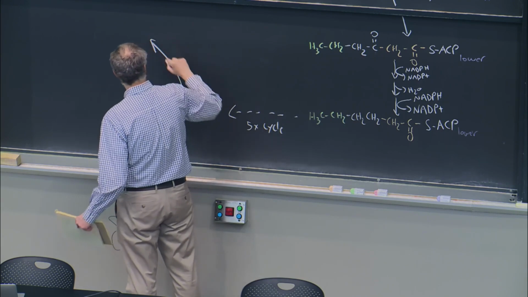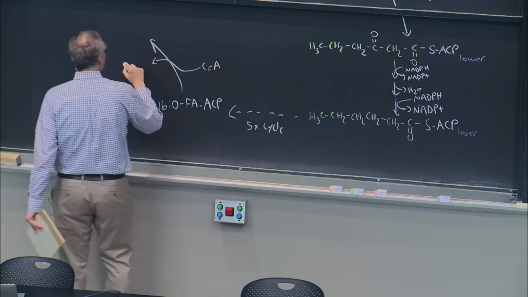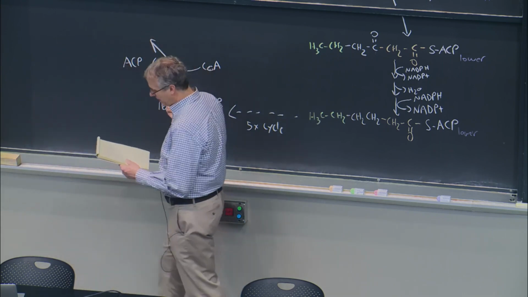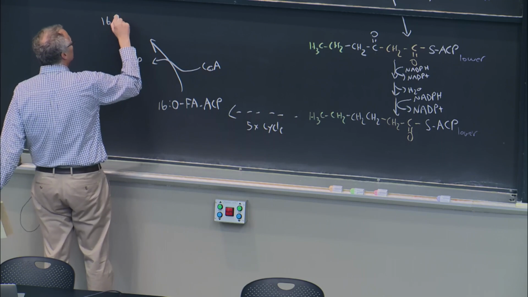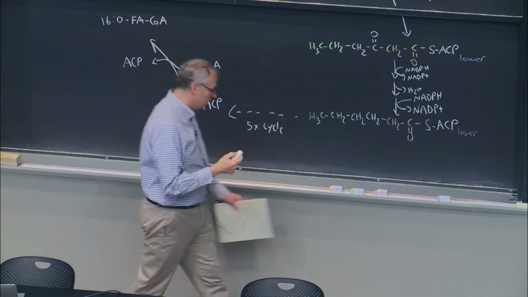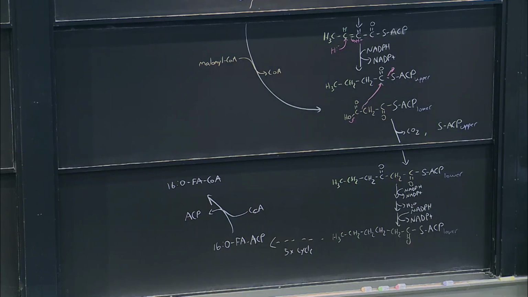And then I can take that, exchange it back for a CoA, and I end up with a 16-carbon fatty acyl-CoA, or palmitoyl-CoA molecule, such that all of the carbons added came from acetyl-CoA, except for one.